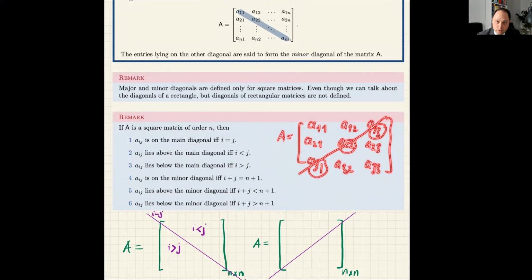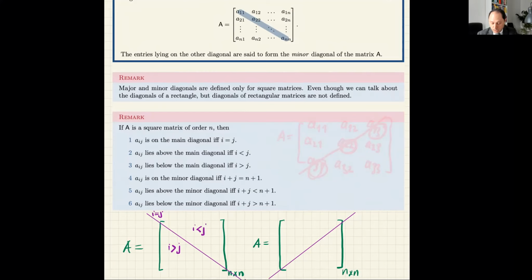My matrix is a 3 by 3 matrix, but when I add these indices, it becomes 4, which is 1 unit bigger. So I think you can immediately convince yourself that this is true. So let me write here: this is i plus j equals n plus 1.